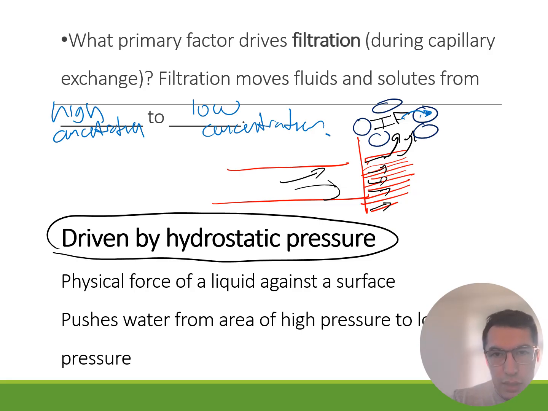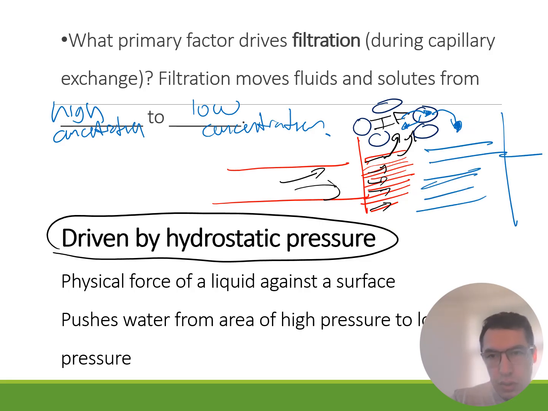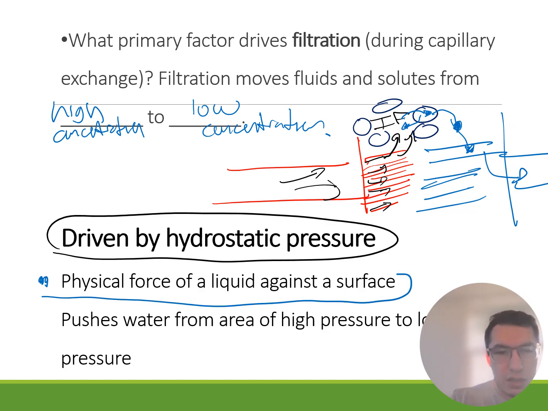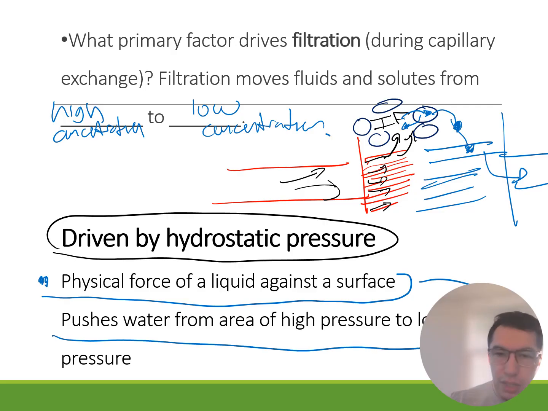Now the waste will go out into the interstitial fluid, and then those will be collected at the end of the capillary bed and then be collected into venules. So hydrostatic pressure is the physical force of liquid against a surface. It pushes water from an area of high pressure to an area of low pressure.